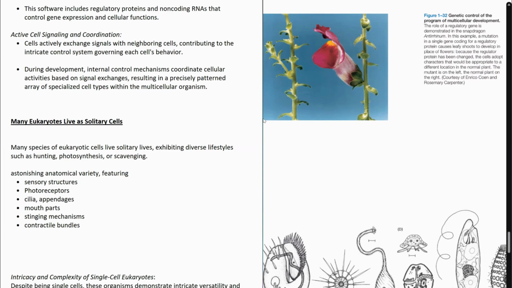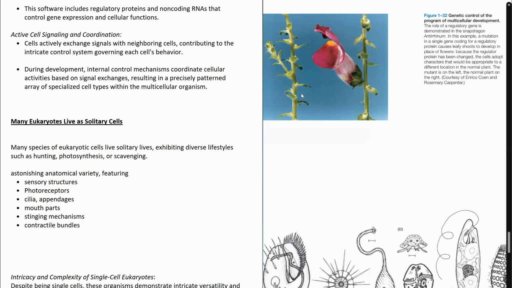An example of genetic control in multicellular development is the snapdragon, Antirrhinum. If you see here, you have normal flower formation.